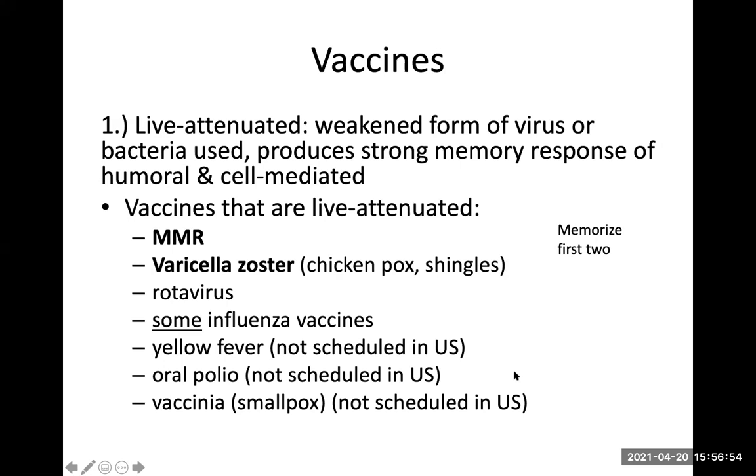It's been wiped off of all populations. Okay, so the first two are in bold. I would like you to remember that the MMR, mumps, measles, rubella, and the varicella zoster are the live attenuated vaccines. They provide the best immune response, the best protection.